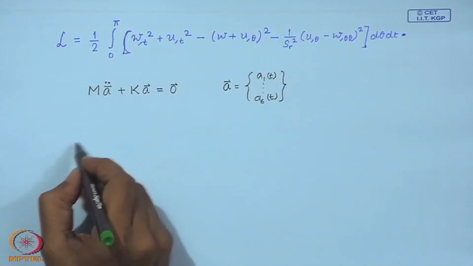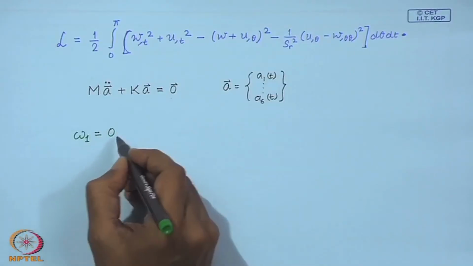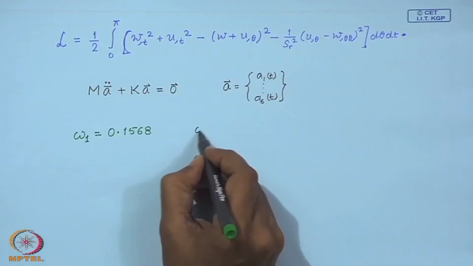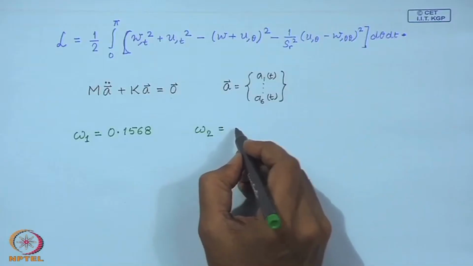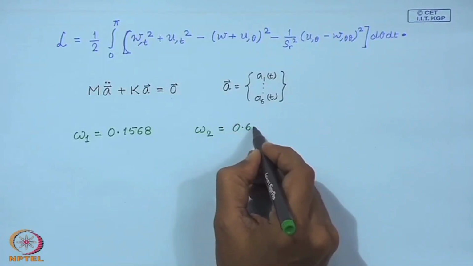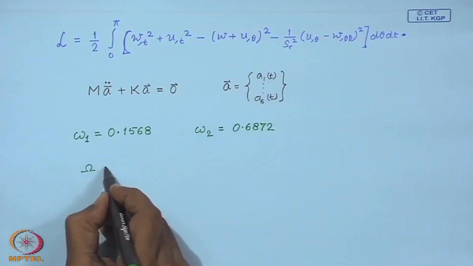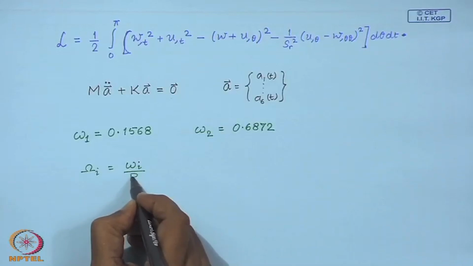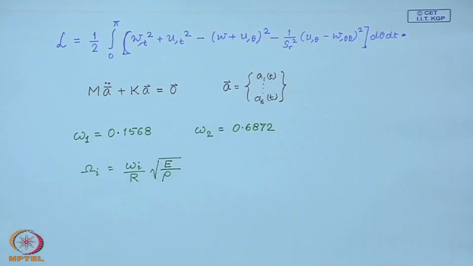So, for this pinned arch, the first two non-dimensional circular eigenfrequencies are obtained as this. Now, from here you can calculate the dimensional circular eigenfrequency.